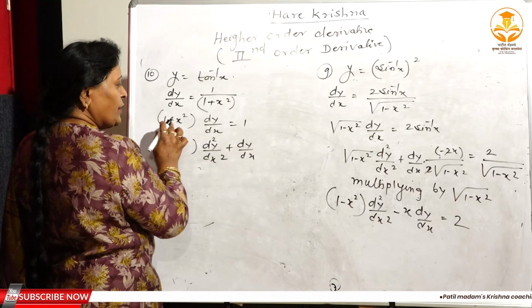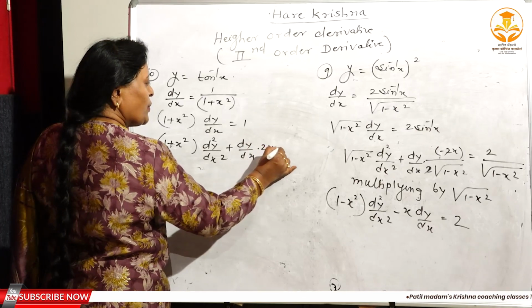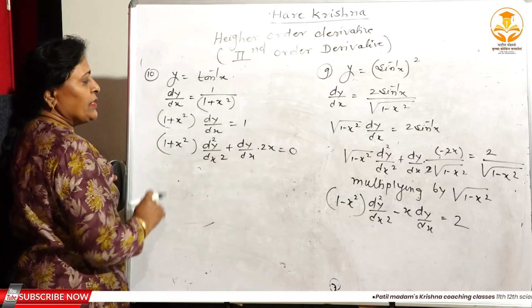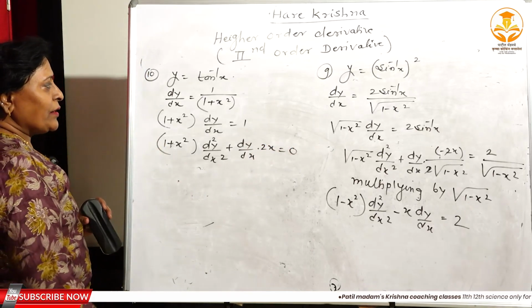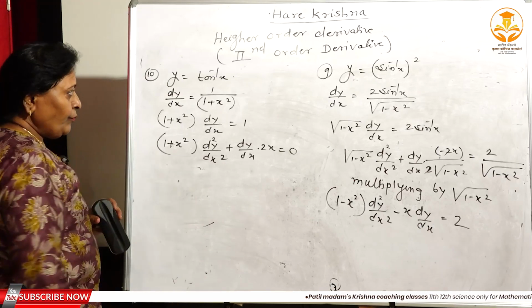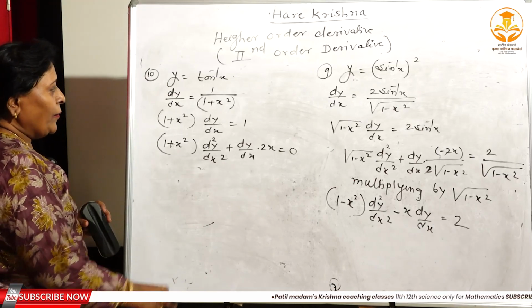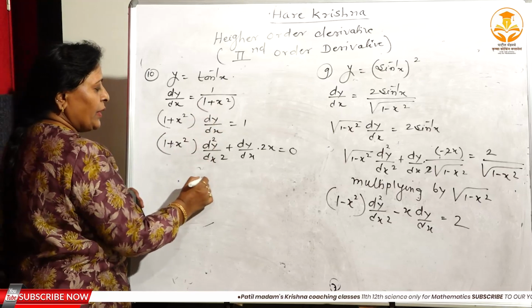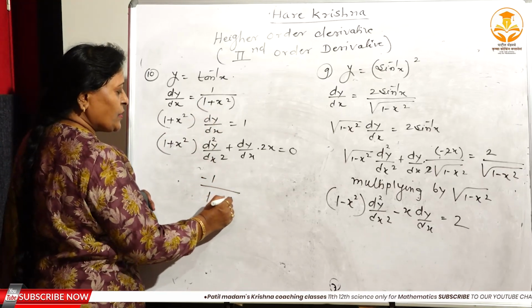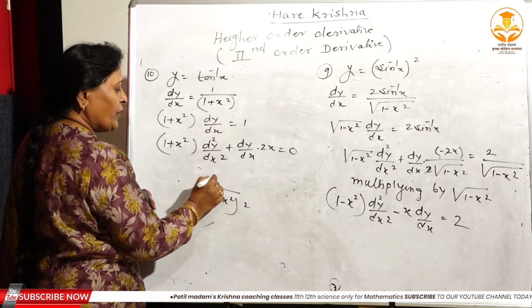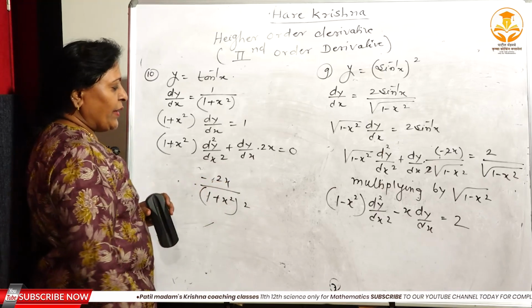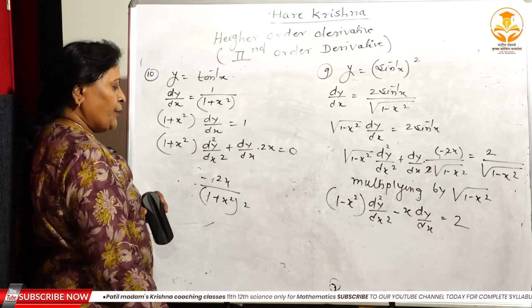The derivative of 1 is 0. The derivative of x square is 2x. This is a differential equation, and the direct result is x divided by the direct result minus 1 upon 1 plus x square whole square, and this is 2x. This is minus 2x divided by 1 plus x square, plus 1.